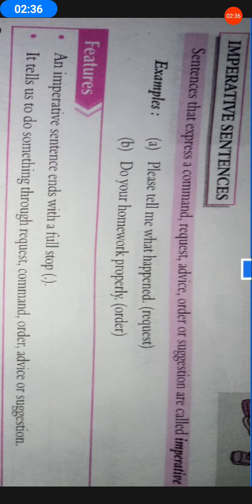imperative sentences. Which sentences are known as imperative sentences? Sentences that express a command, request, advice, order or suggestion are called imperative sentences. Observe the examples here. Please tell me what happened is the first example. This sentence expresses a request. Now, second example.